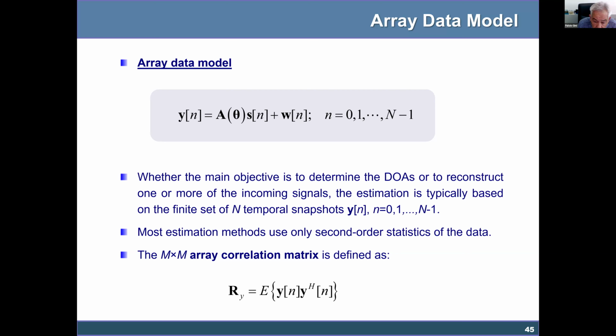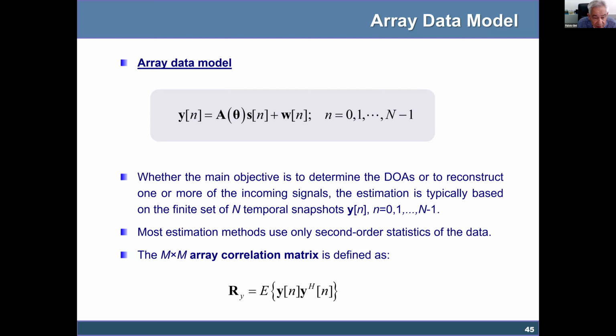Now, to fully characterize the statistical behavior of this vector, we should know the joint PDF, the joint probability density function. Typically, we do this under the assumption that the disturbance W is Gaussian. The signal is typically zero mean.